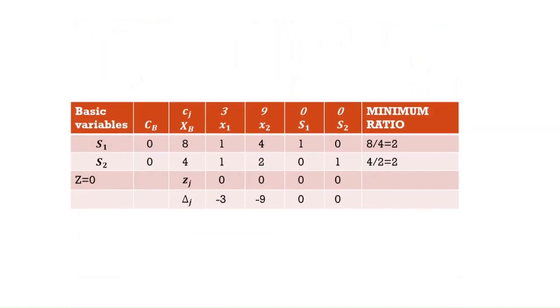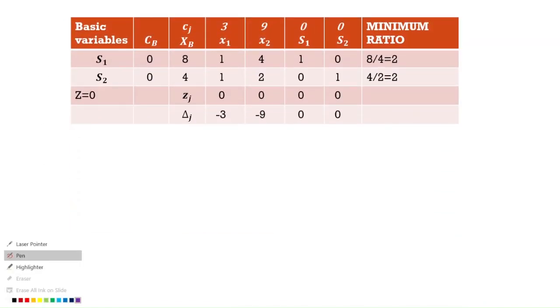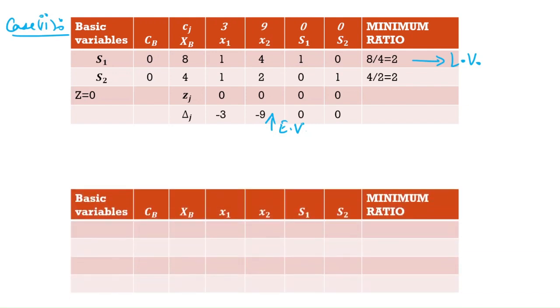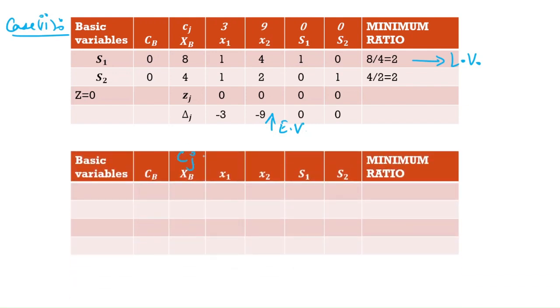Let us consider the second case where I'll be considering s1 as my leaving variable. So this would be the leaving variable and this is the entering variable. So now the table would be: x2 will enter, s2 will remain, so this is 9, 0.